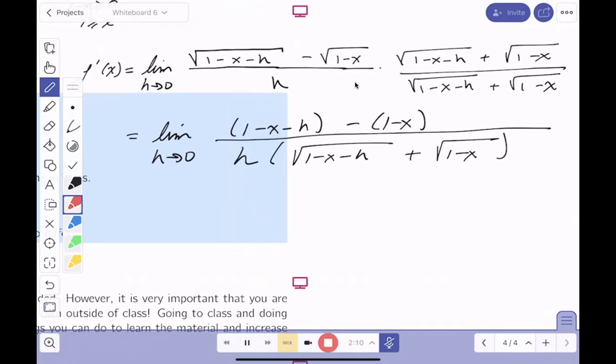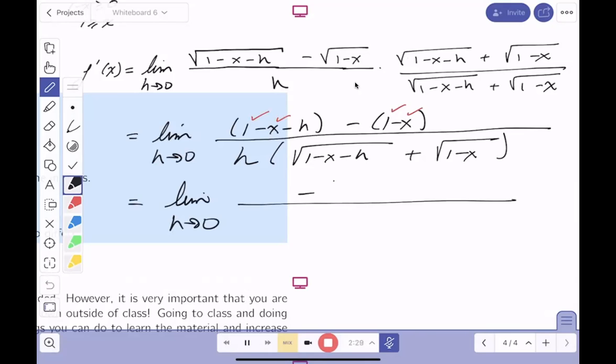Let's take a look. And what do I notice over here? 1 minus 1 is nothing. Minus x minus a minus x is nothing. And you're left with minus h. Let me write that down for you. What do I notice about this over here?